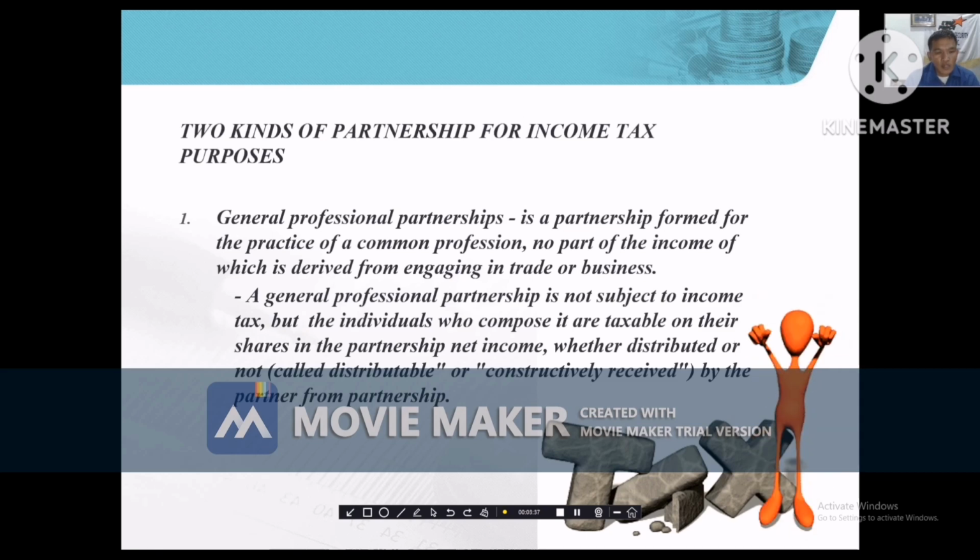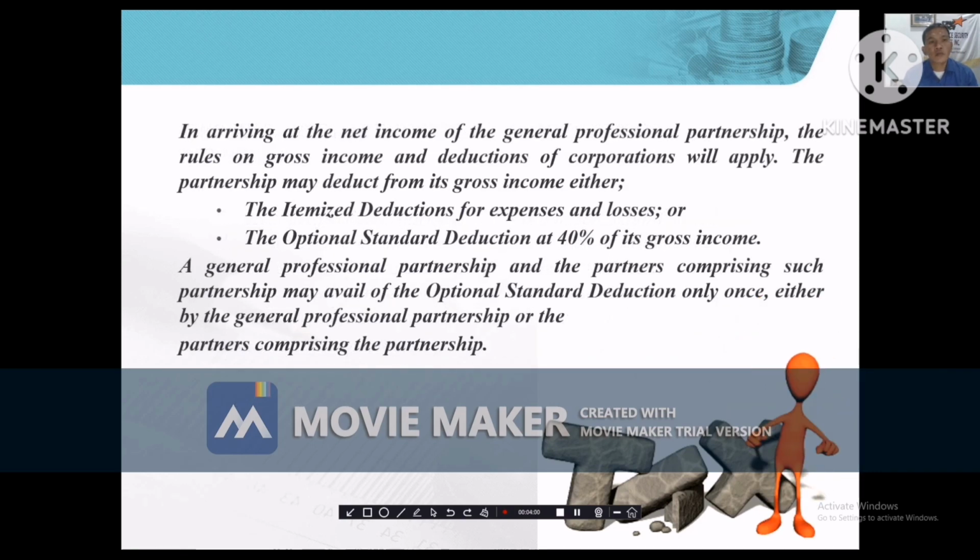Ngunit, ang mga indibidwal na bumubuo nito ay nabubuwisan sa kanilang mga bahagi sa netong kita ng pakikipagsosyo, ipinamamahagi man o hindi, tinatawag na distributable o constructively received ng kasosyo mula sa pakikipagsosyo. Okay.